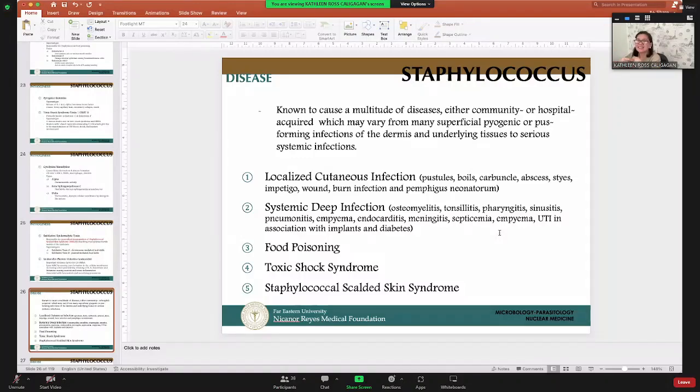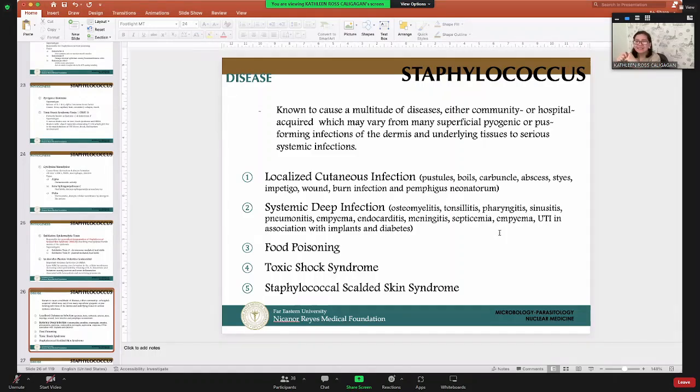Number two: this localized cutaneous infection, if not treated properly, becomes more infected and may lead to a systemic deep infection, such as osteomyelitis, tonsillitis, pharyngitis, and so on.